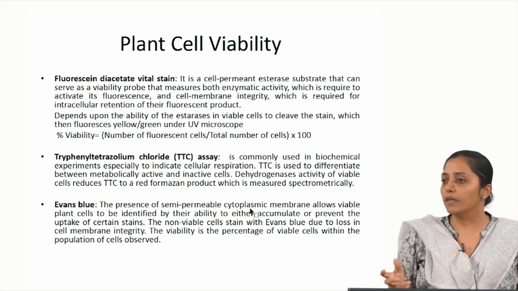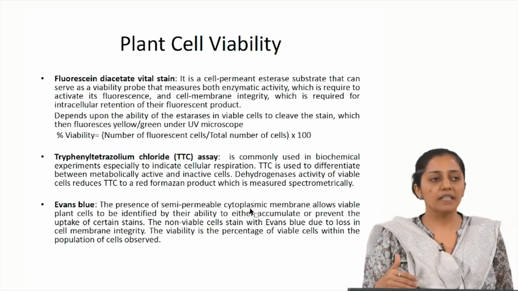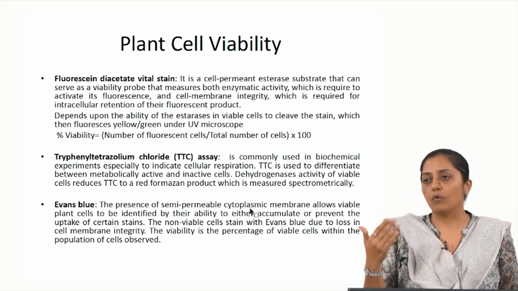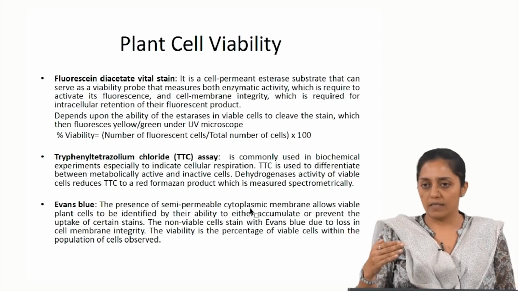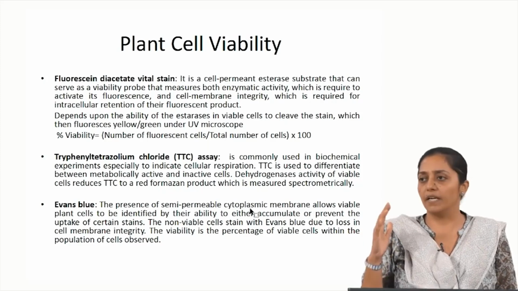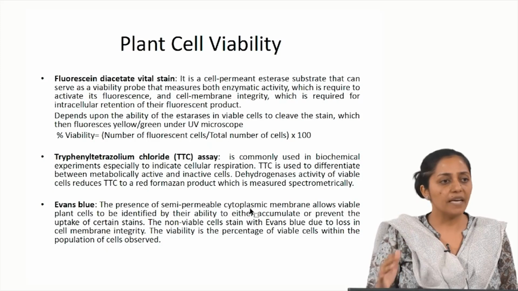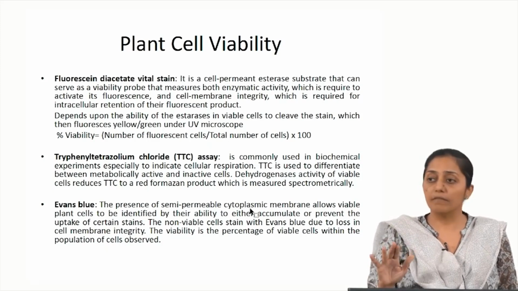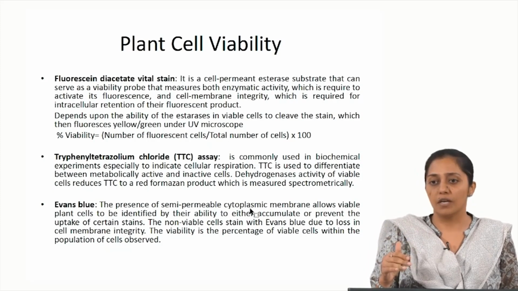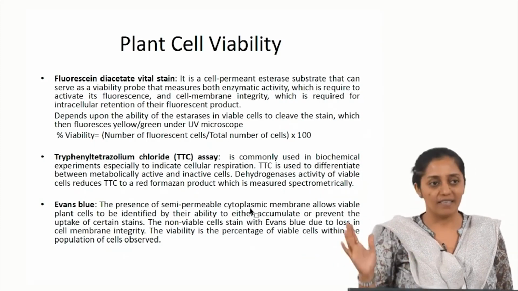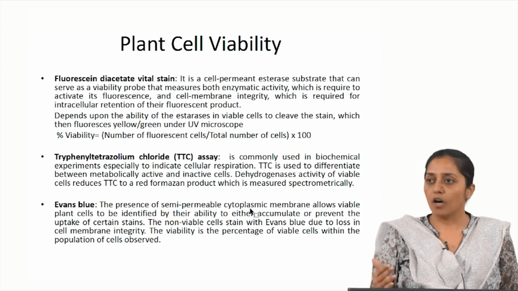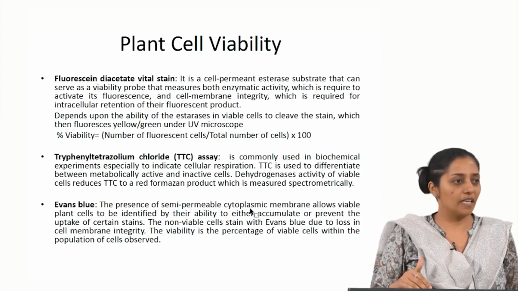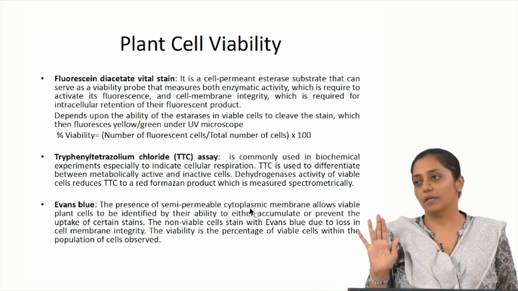Now, Evans blue, and any such stains, depend on whether the cell is alive and the membrane integrity is in place. If the membrane integrity is in place, it is selectively permeable. So, either you can use not taking up a particular stain as a viability marker, or taking up a particular stain and not letting it go as a viability marker.